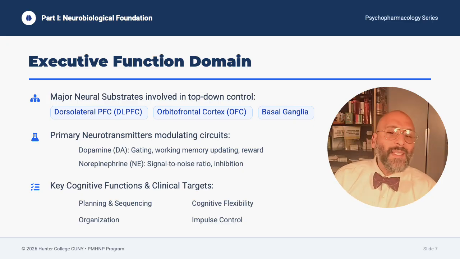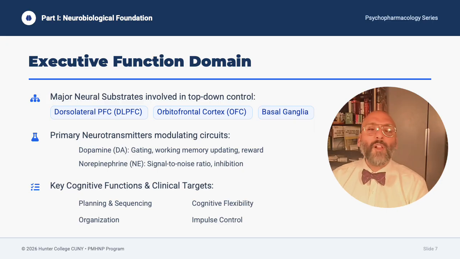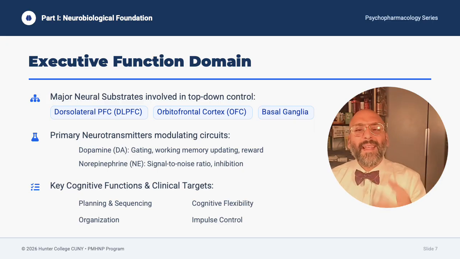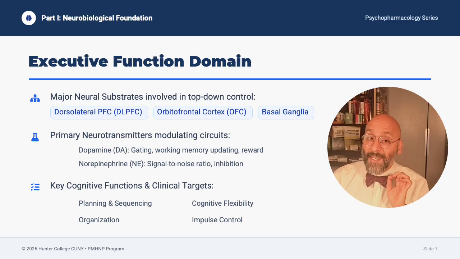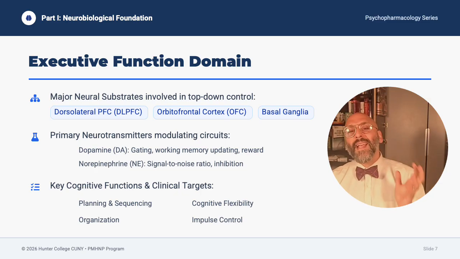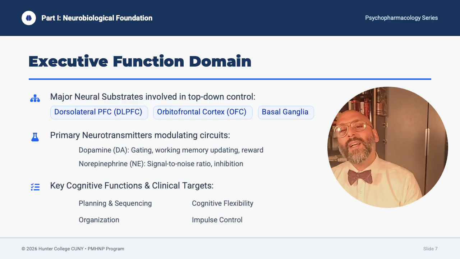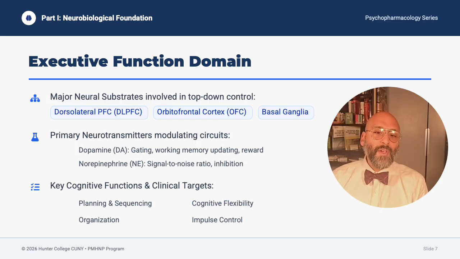So this is why stimulants, atomoxetine, and alpha-2 agonists, atomoxetine being an SNRI, can improve function even when the symptoms don't fully remit. Executive dysfunction explains why patients may be motivated but still unable to follow through. So when a patient says, I know what I should do, I just can't do it, you're almost always in this domain of executive dysfunction.